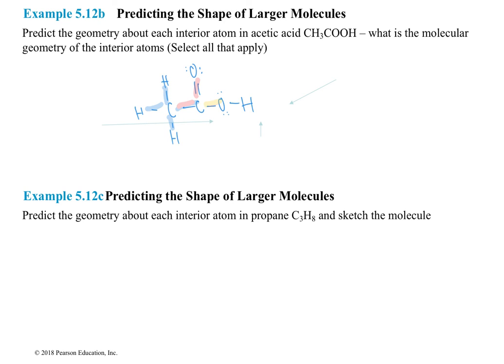And for this oxygen, 1, 2, 3, 4, so that's tetrahedral bent. Now in propane, we have C, C, C, 8 H's. This is the only way to draw it since the hydrogens are all terminal atoms. And notice each of these, 4, 4, 4, each of those are tetrahedral.